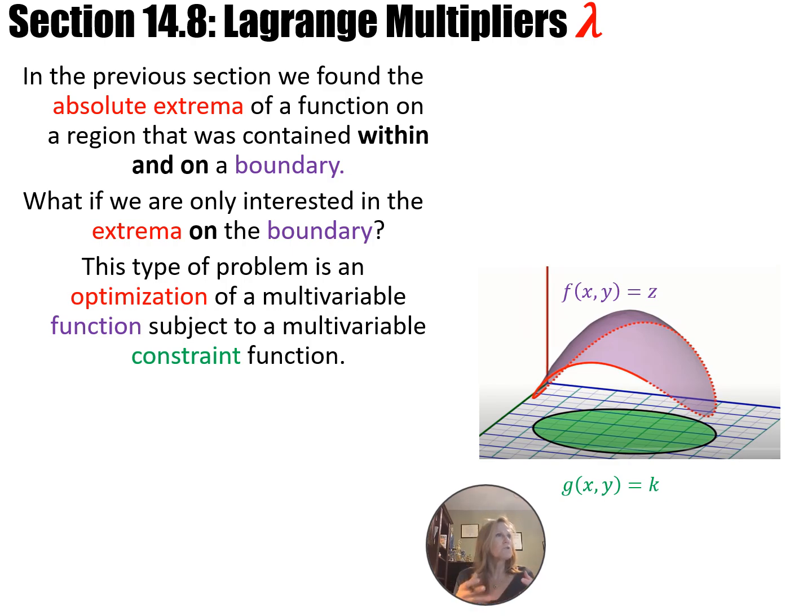So we might want to maximize the volume of a box, but one side of the box has to be this size, or something like that. Or maybe I want to minimize, another Calc 1 example, the surface area of a cylinder, like a Coke can. But we always had to replace variables so that we were taking the derivative in single variable. We don't have to do that now.